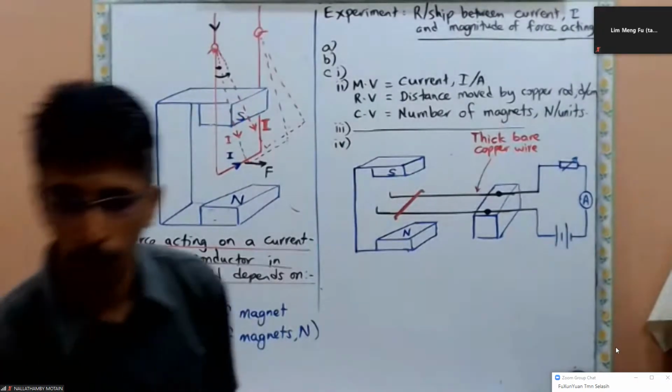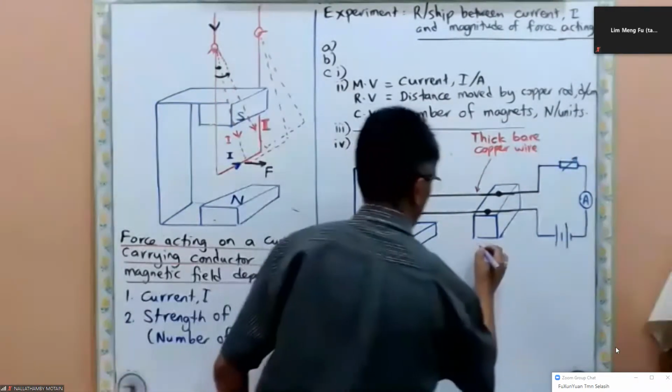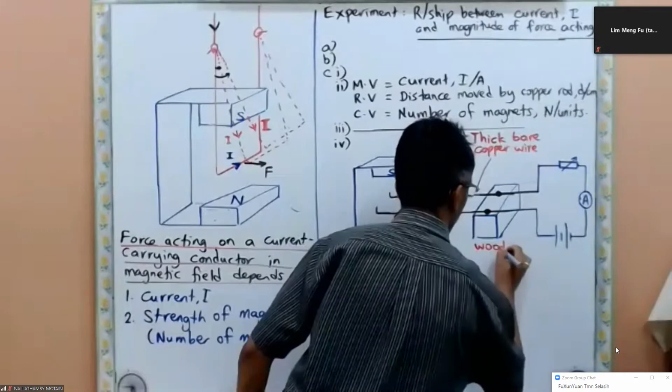Thick bare copper wire, and then here you write wooden block.